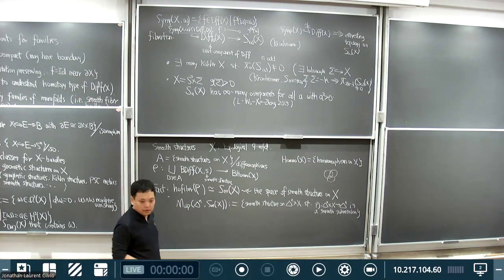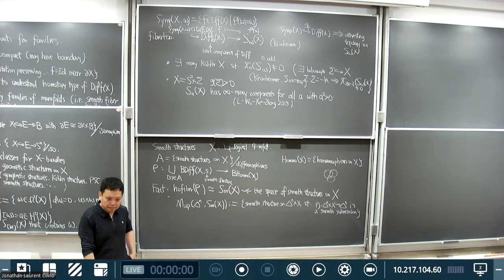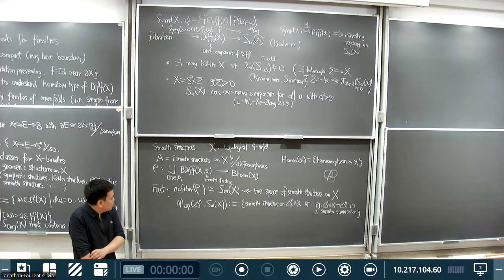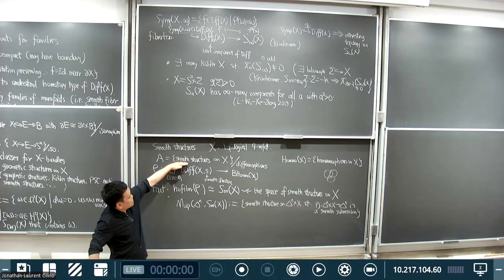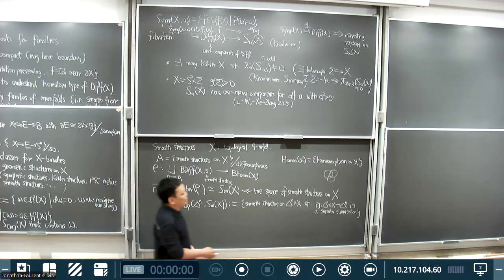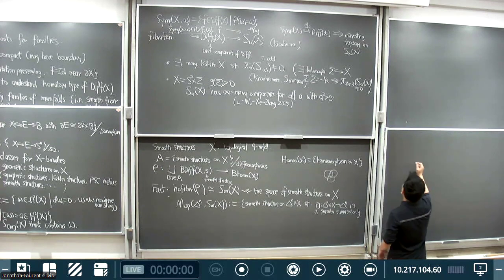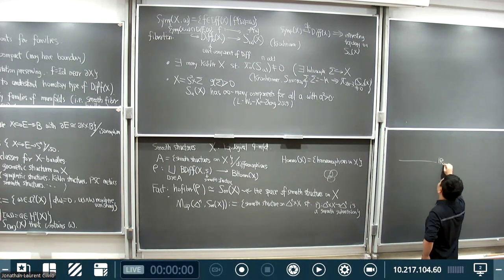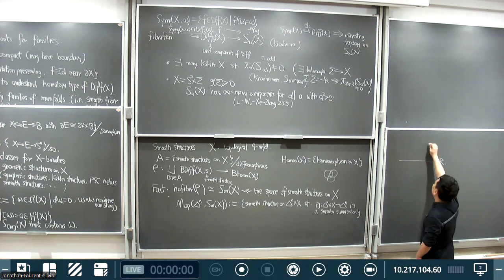Why do you have to take the closure, not different ones, in the definition? Because this is a huge space. For example, take R. What's happening?